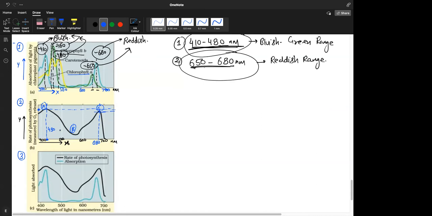And the minimum is around 580 nanometers, because the oxygen released is the minimum. So when you give a plant light energy of wavelength 580 nanometers, it performs very poorly in photosynthesis. It does not do photosynthesis properly. Is it clear?